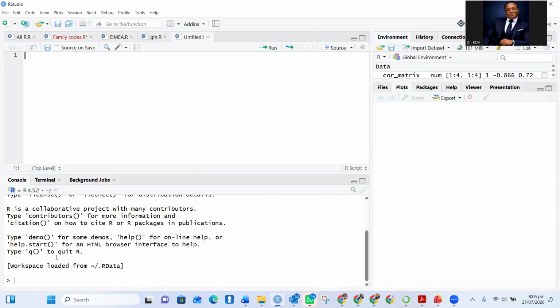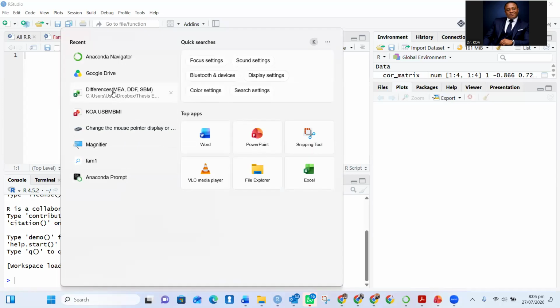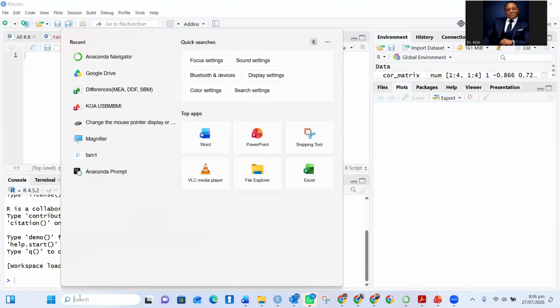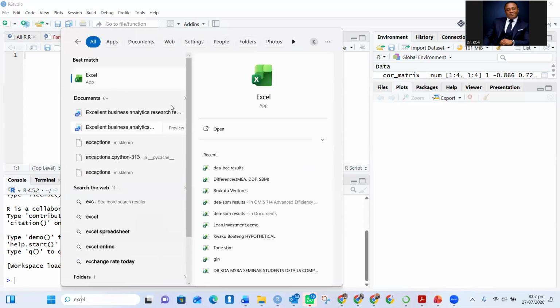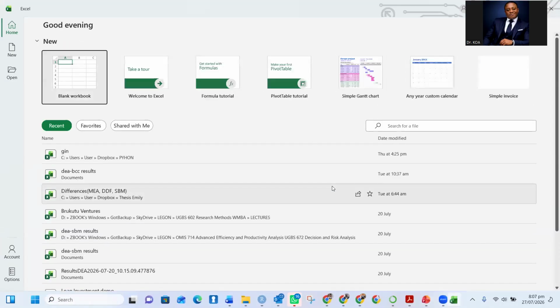So, open a new Excel. Try and open a new Excel sheet. I just want us to type the data there.